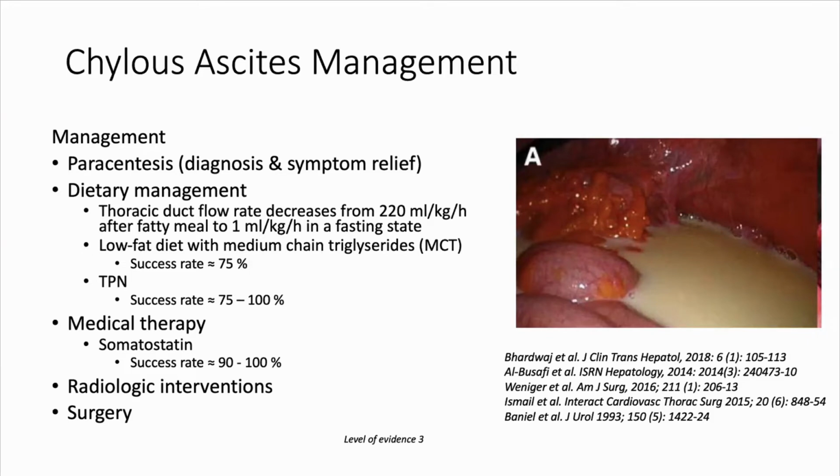Now, if the conservative methods fail, then the third and fourth options are radiologic interventions, either with percutaneous peritoneal venous shunt or lymphangiographic embolization. And the last option is surgery, which is undoubtedly a difficult procedure.